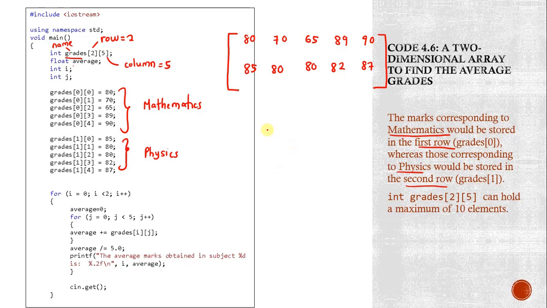Okay, so the size is 2 by 5. That's why we have 2 rows, 5 columns. So if I have a third subject, chemistry, you just have to put it below here, somewhere here for my chemistry.